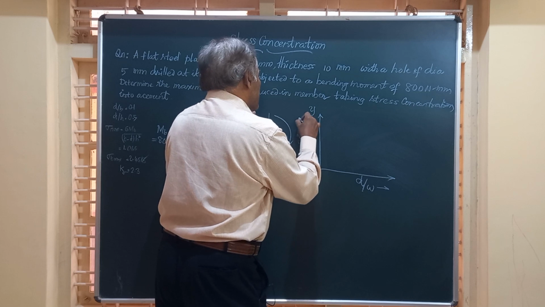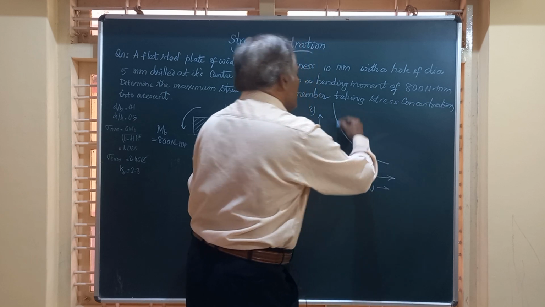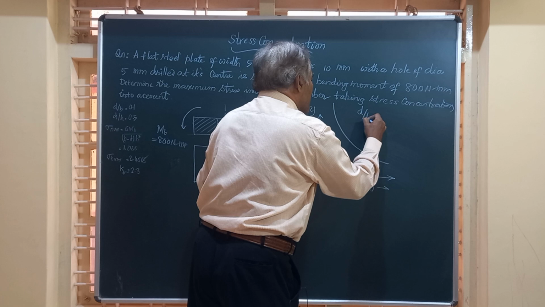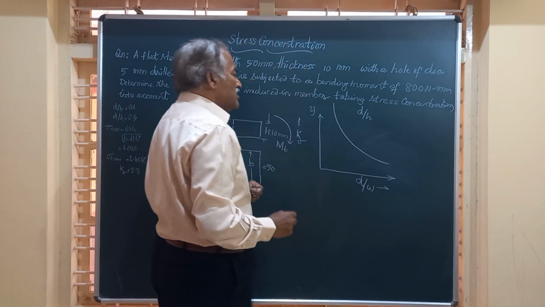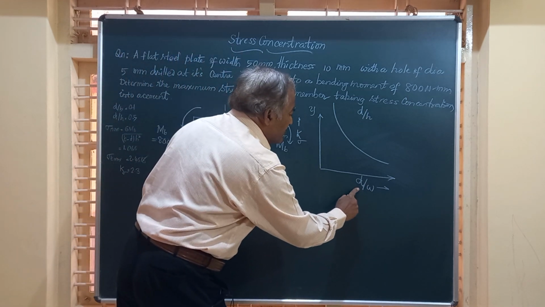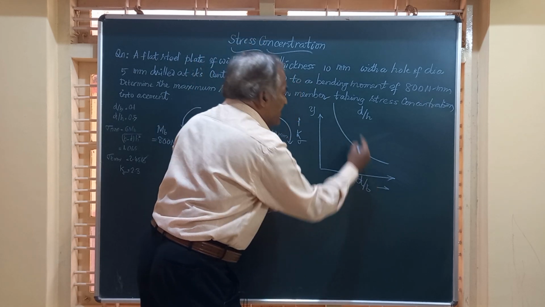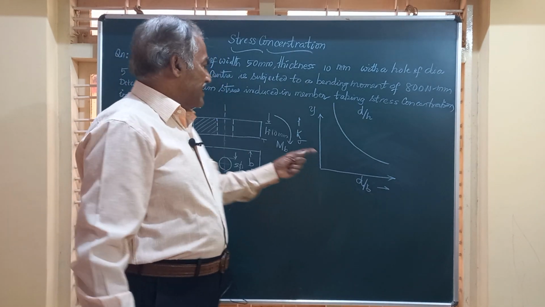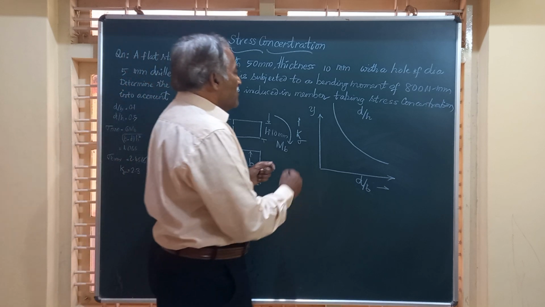There are a number of curves available here for various values of d by h. Our aim is to find out K sigma. We will find d by w or d by b, where b is the width of the plate, and d by h, as per the sketch given, and see how to calculate K sigma.